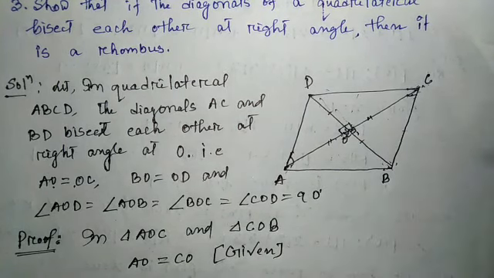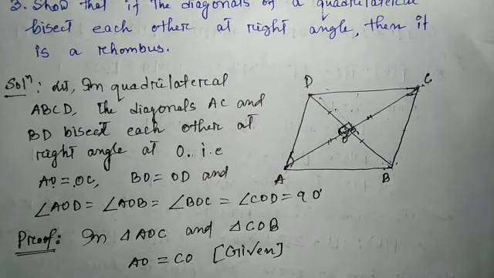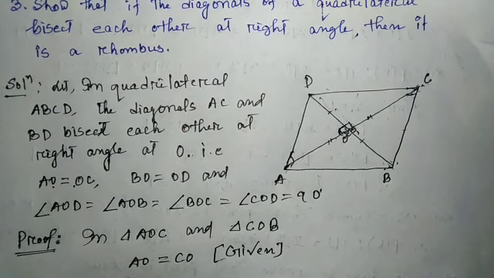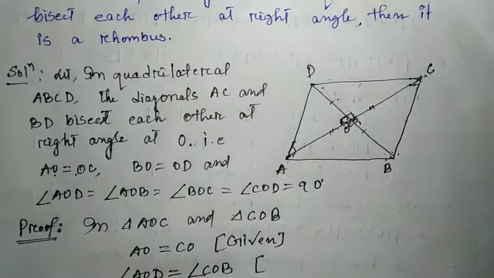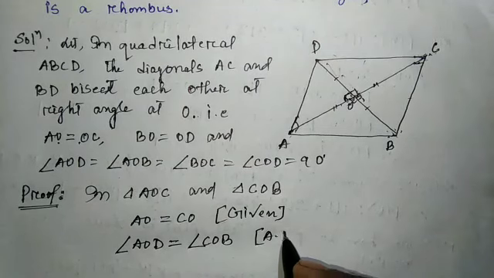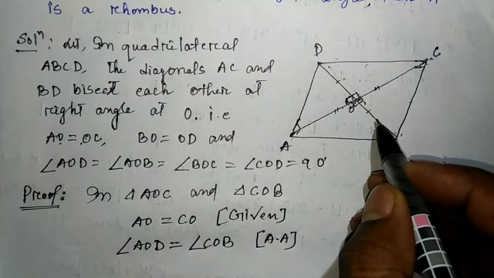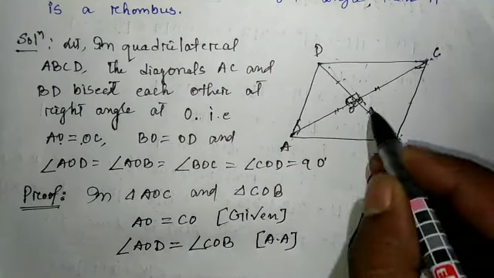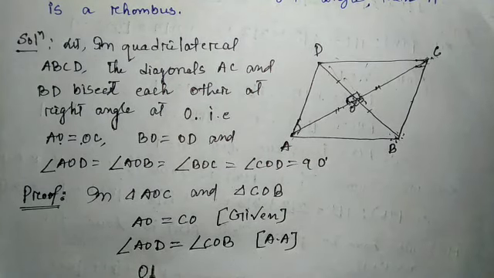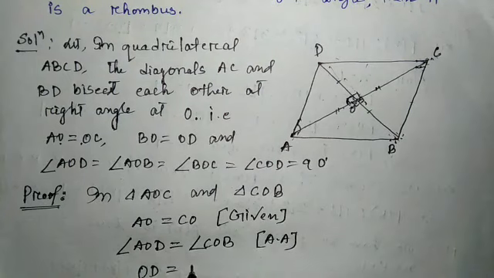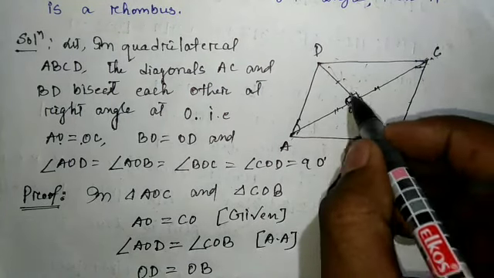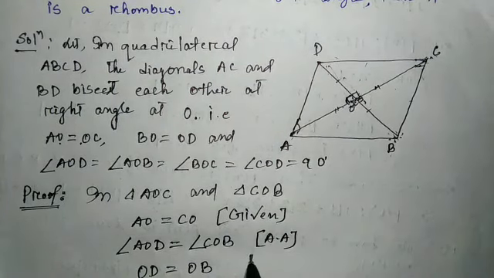Angle AOD is equal to angle COB, vertically opposite angles. Then side OD is equal to OB, since these two sides are equal, given.